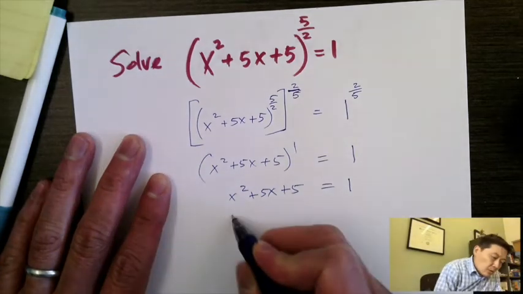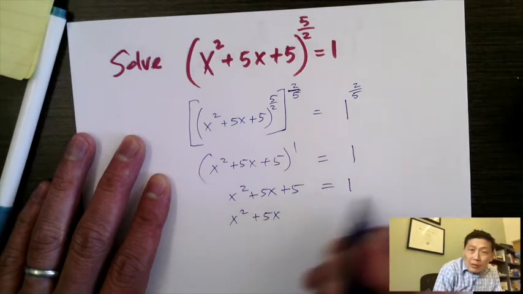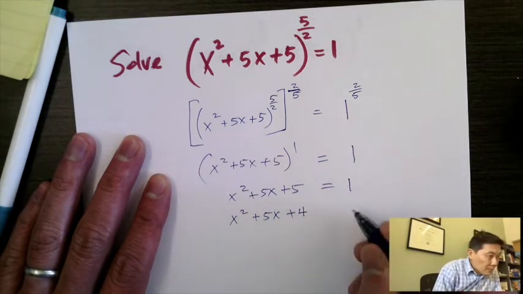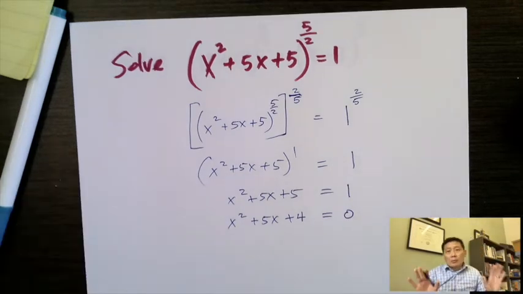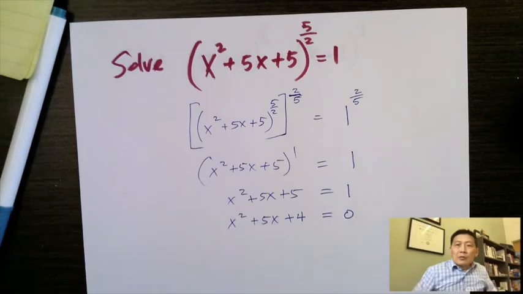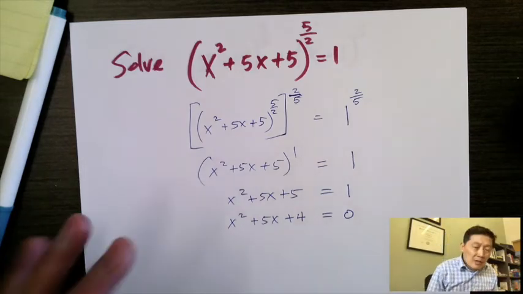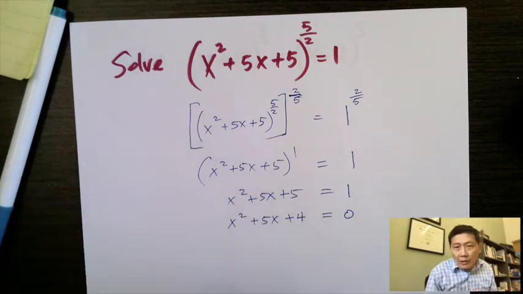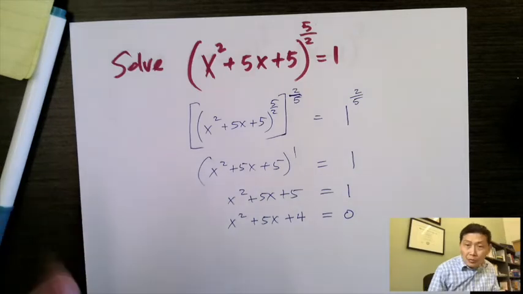So then you got x squared plus 5x, and then you subtract 1 on both sides. So you got 4 plus 4 is equal to 0. Now, then we are in a territory that we're very familiar, right? So this is a quadratic equation set equal to 0. We can factor. A lot of these kind of problems is set up in such a way that you can do a very nice factoring so as to easily solve this problem.